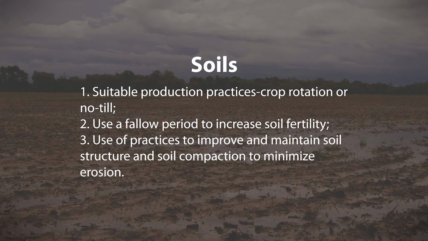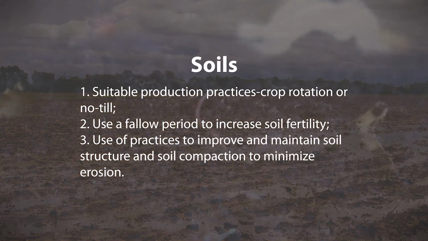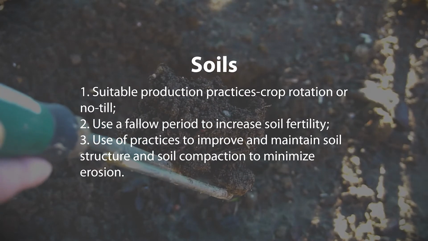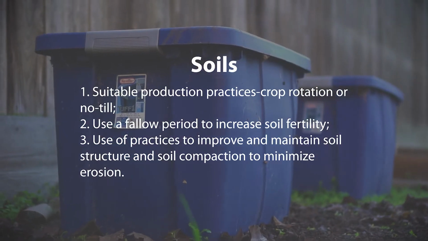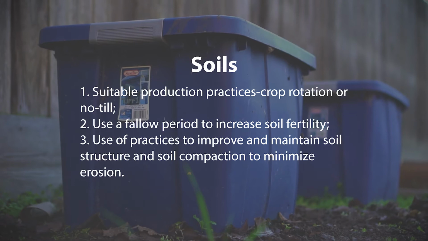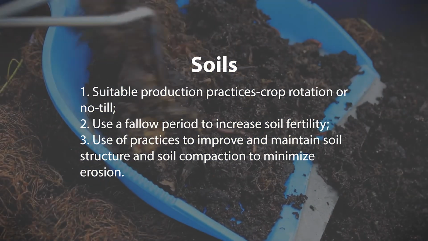It is important to ensure that the structure of the soil is maintained for optimal plant growth. This can be done by selecting production practices suitable for the soil type and not increasing the risk of environmental degradation, such as crop rotation, composting, and no-till.